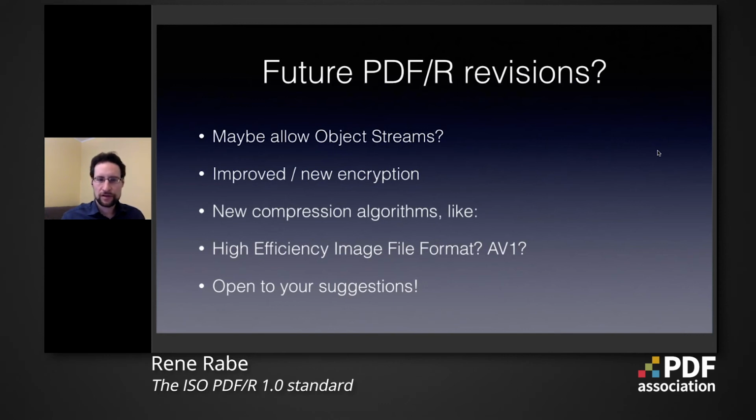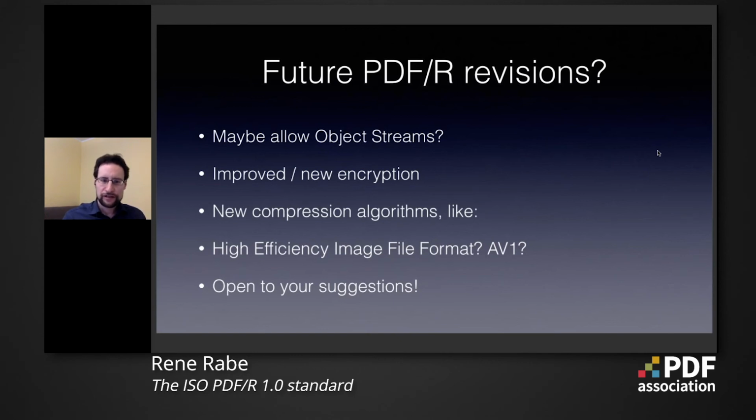So maybe in the future, allowing object streams, the usual improved and new encryption. Certainly there will be updates every few years in PDF encryption and digital signature algorithms, and that is certainly something we need to look out for, keep track of and support.